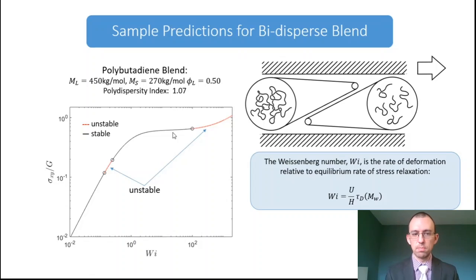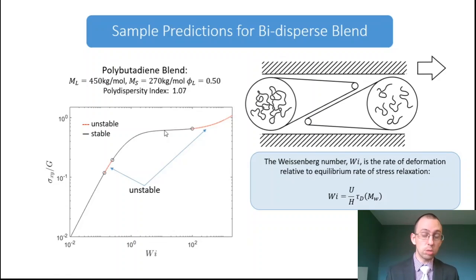At low shear rates, one can imagine that the longer chains may have some appreciable alignment to them and some appreciable stress from that alignment, whereas the short chains will still be mostly isotropic due to the differences in their reptation times. Then you get up at higher shear rates and the long chains start to show shear thinning behavior, where changes in their shear rate have a marginal effect on changes in their configuration or their stress.